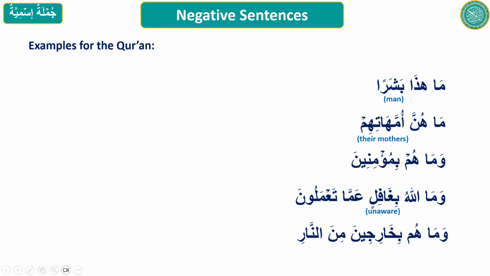وما هم بخارجين من النار. Wama, not; hum, they; bi, with; kharijina, those who exit; min, from; an-nar, the fire. Kharaja yakhruju.